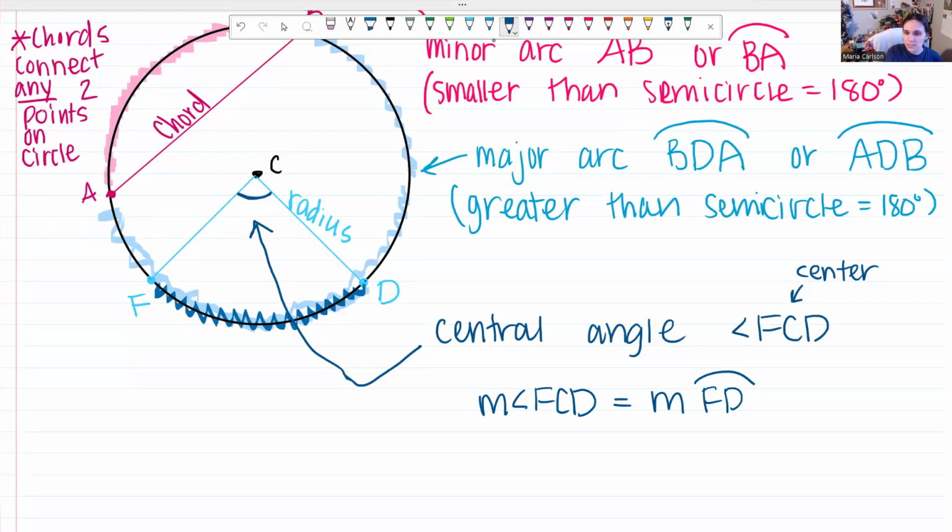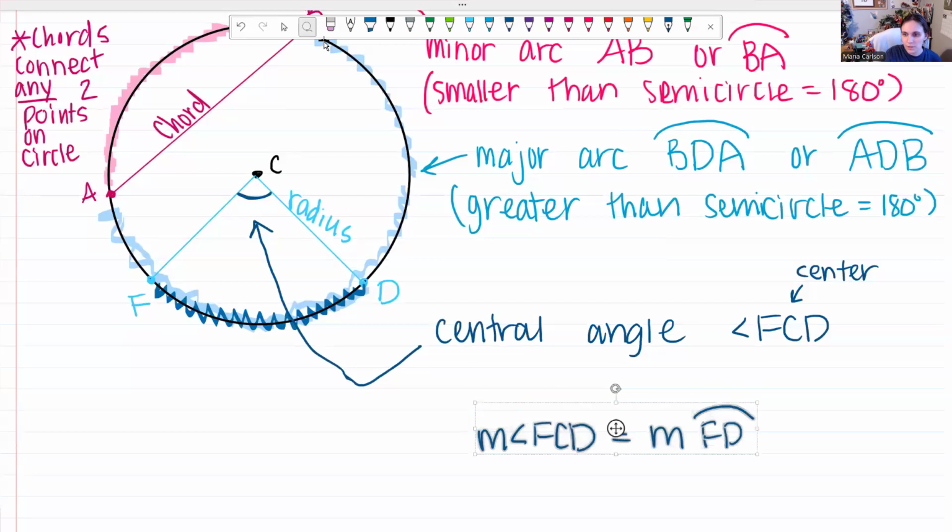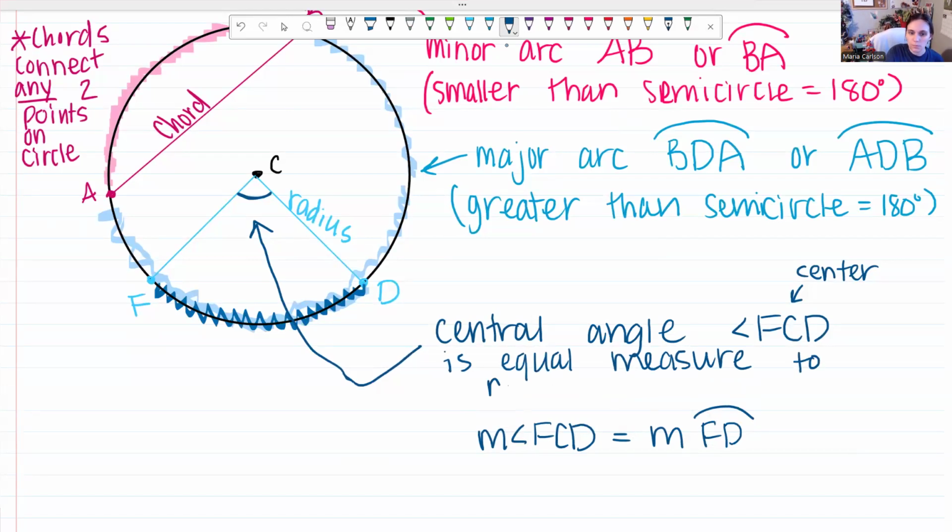I'm going to actually move this down, and say the measure is equal to minor arc FB, just for context. Okay.